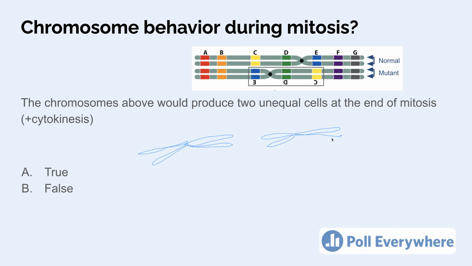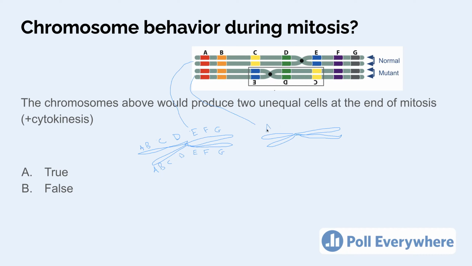So in mitosis, if you remember, the chromosomes that are homologous do not line up next to each other. A, B, C, D, E, F, G. As a result of DNA synthesis, they would have identical halves. So that's the top chromosome.